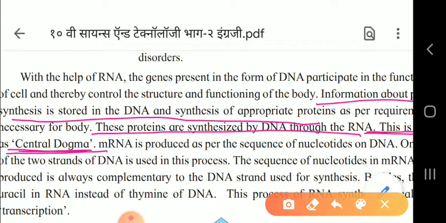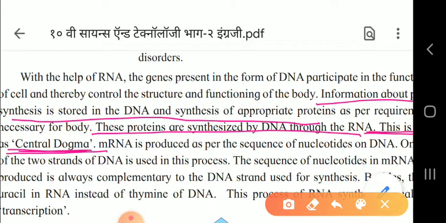There is uracil in RNA instead of thymine. You have already studied the four nitrogenous bases, and I have shown them in the slide also. So in RNA the rest are the same, that means three are the same, but instead of thymine there is uracil.